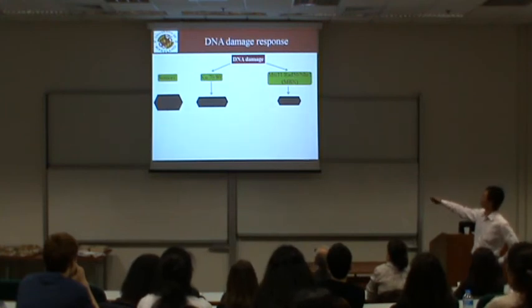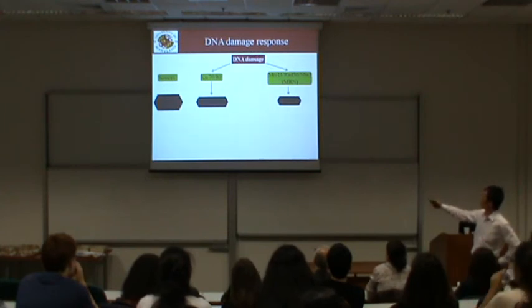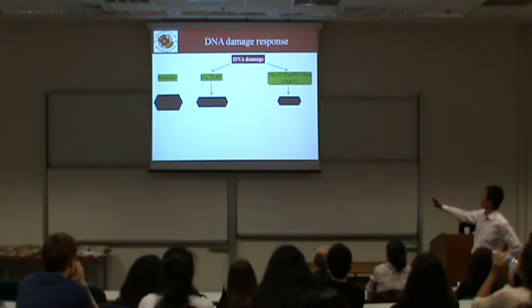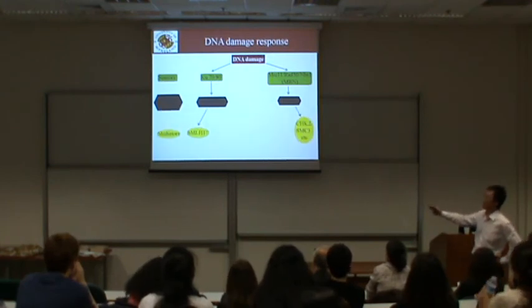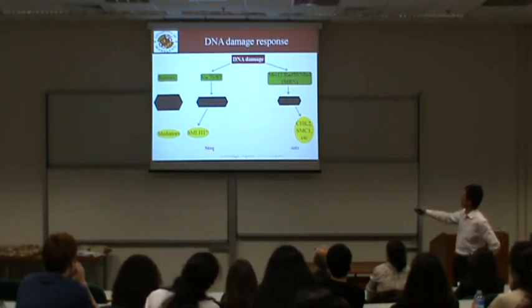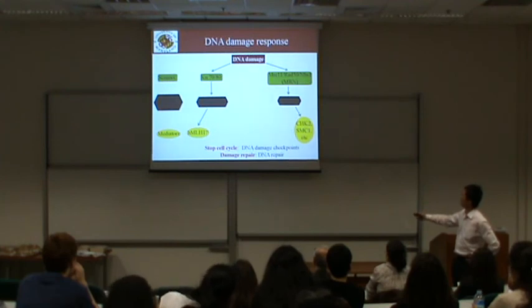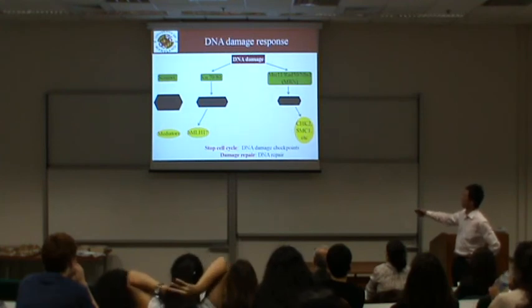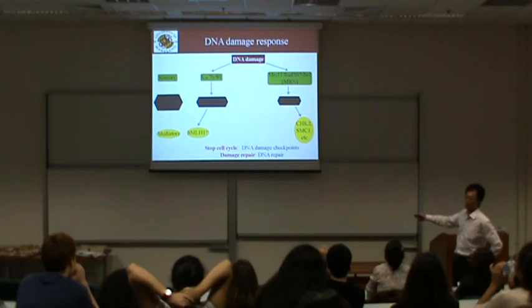Once they receive the signals from the sensor proteins, they are activated and phosphorylate their substrates, the affected proteins, resulting in DNA damage repair, checkpoint activation, or even the senescence response.